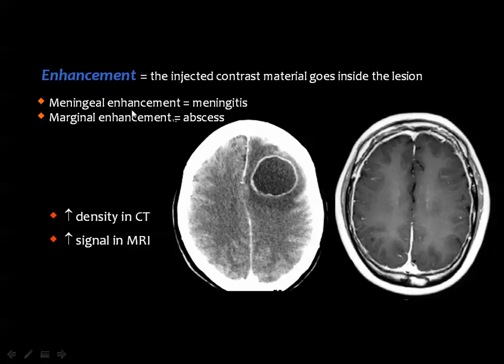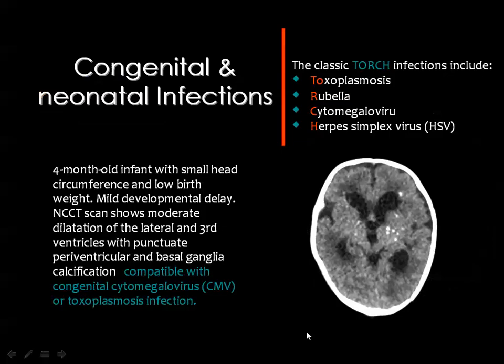Number one is meningeal thickening and enhancement, which is usually diagnostic of meningitis, as you can see here in this axial T1 weighted MR image after contrast. Then whenever you get a lesion with marginal enhancement of uniform thickness, you assume you are dealing with an abscess.